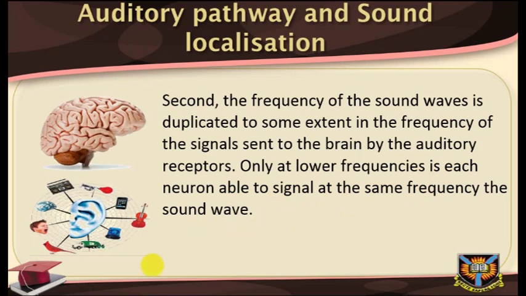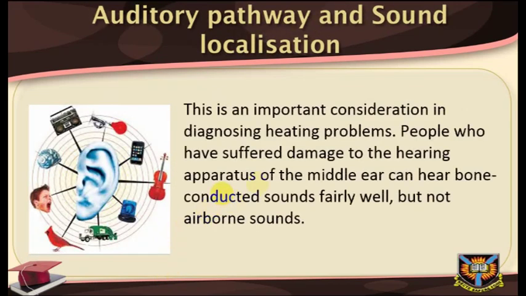Not all sounds travel this complete route from outer ear to cochlea. Some sounds are transmitted through the bones of the head directly to the cochlear fluid. We hear ourselves speak and eat largely through bone conduction hearing. This is an important consideration in diagnosing hearing problems.